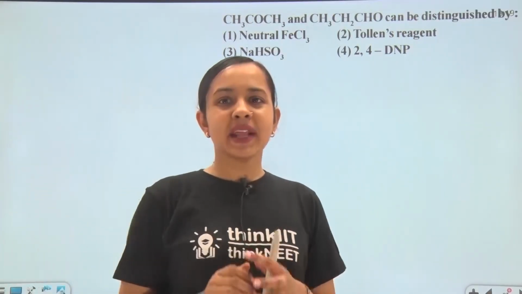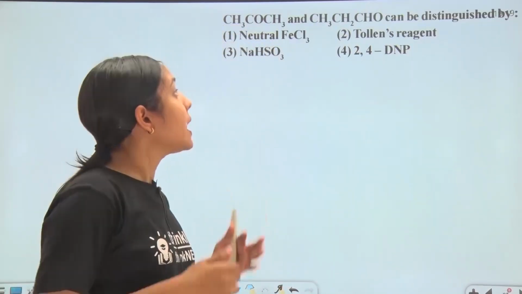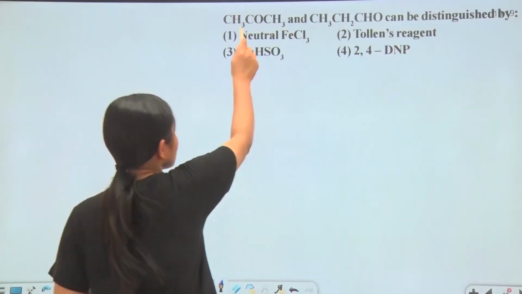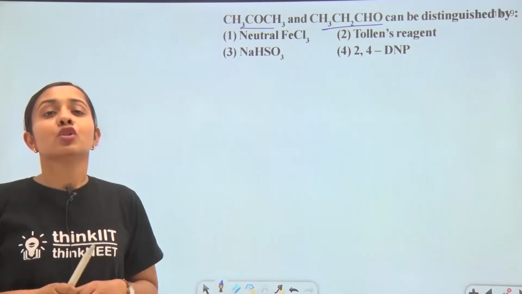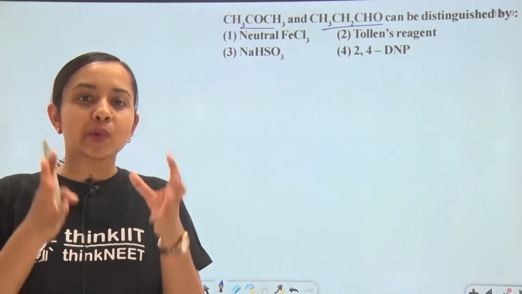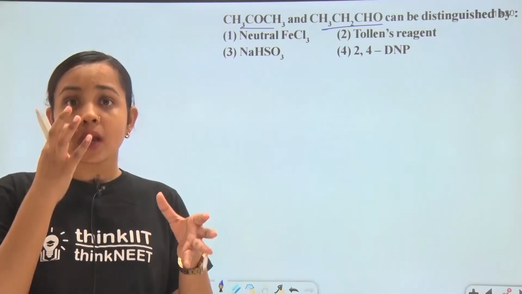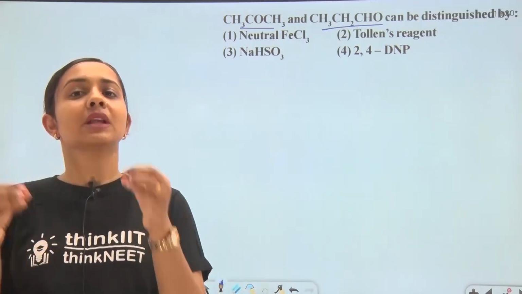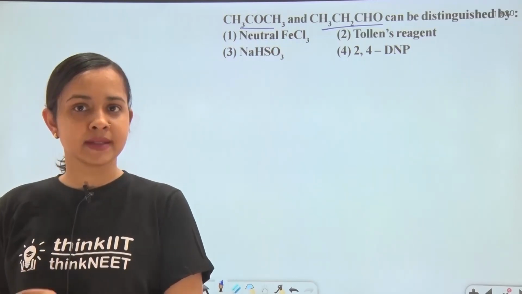Hello dear students, our next question is CH3COCH3 and CH3CH2CHO can be distinguished by. Students, you can see that one compound contains a ketone group and the other compound contains an aldehyde group, right? So basically to distinguish the compounds in a mixture, one reagent should give a test with one compound, and the other compound should not give the test with the same reagent, right?